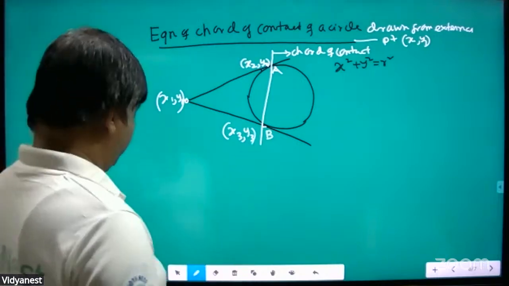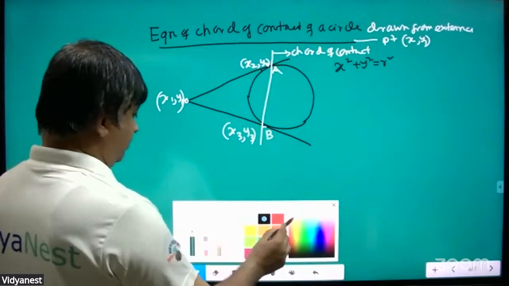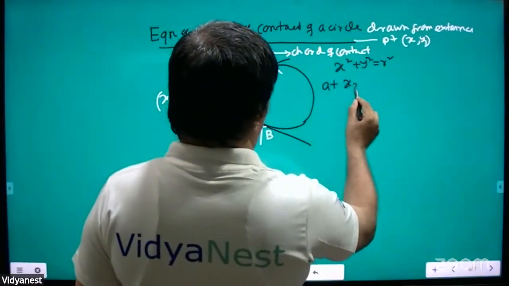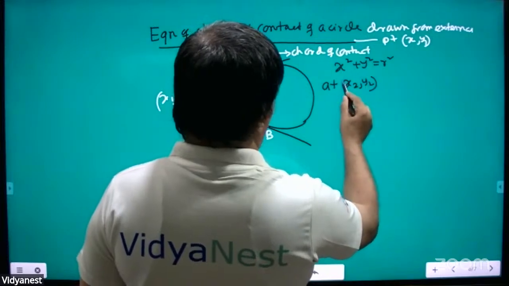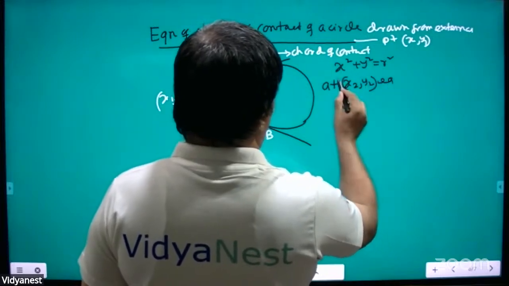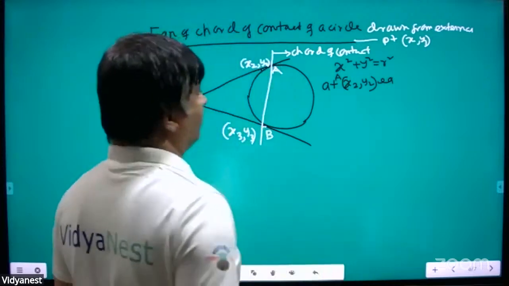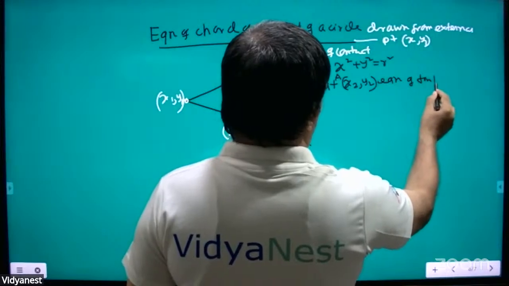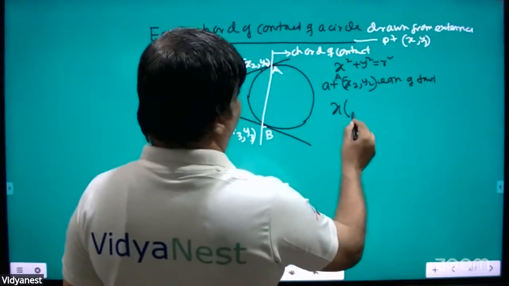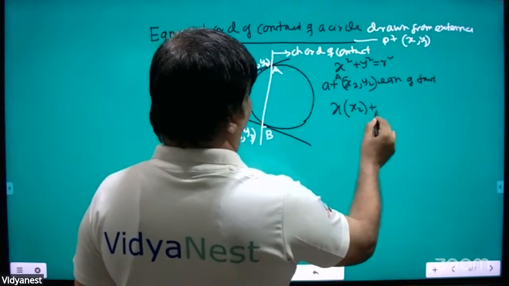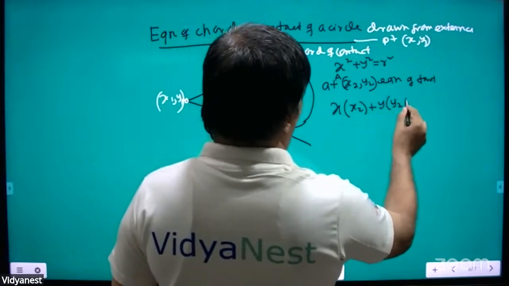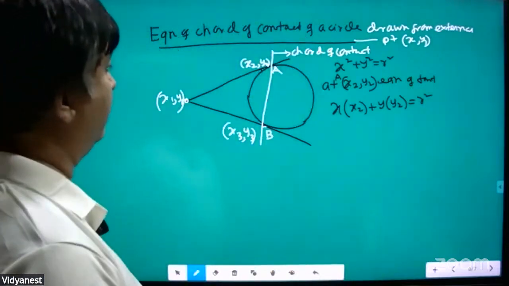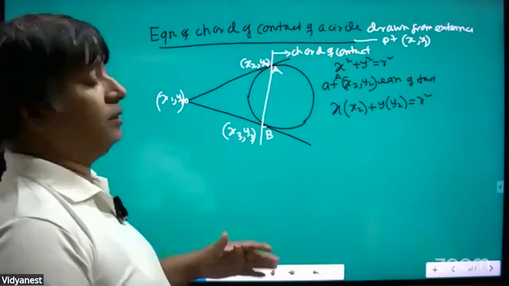Now, at x2, y2, that is point A, equation of tangent: x x2 plus y y2 is equal to r square. Okay, which we did a few minutes back.